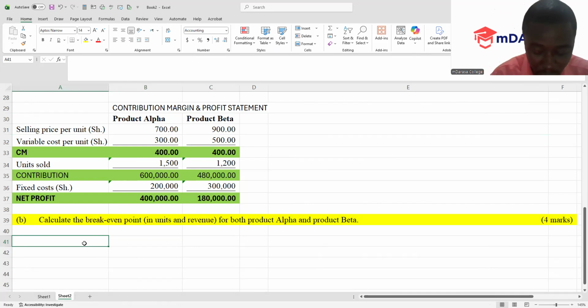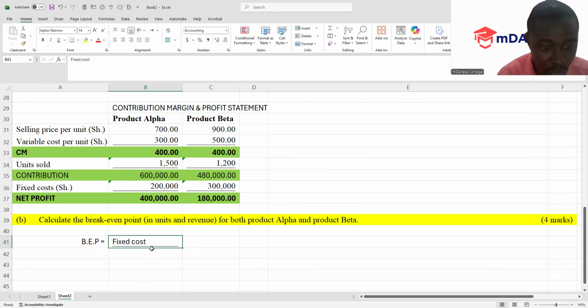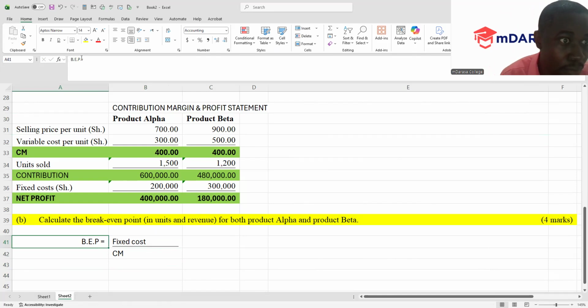It is important for us to recall what Mwalimu guided us in regard to break-even point. Anytime you talk about break-even point, always remember to consider our fixed costs and divide by our contribution margin. This is break-even point in quantity.